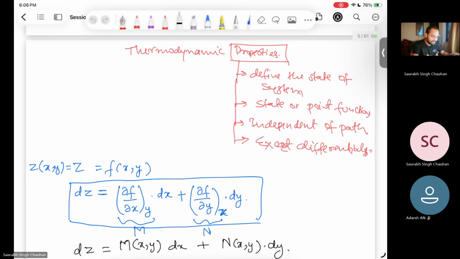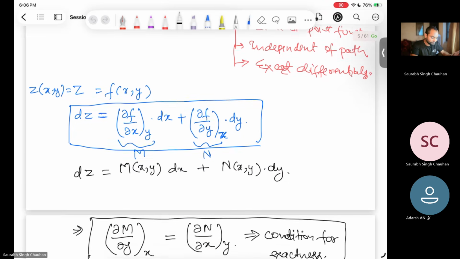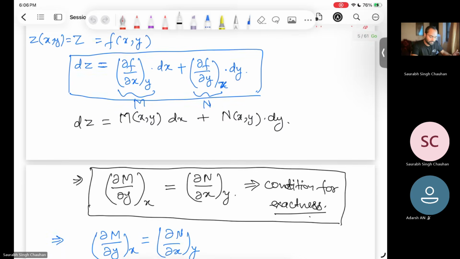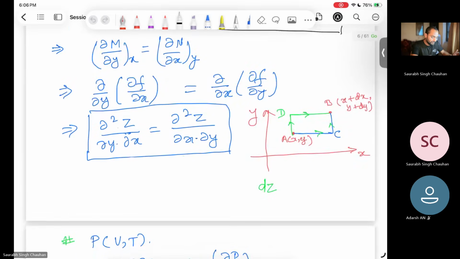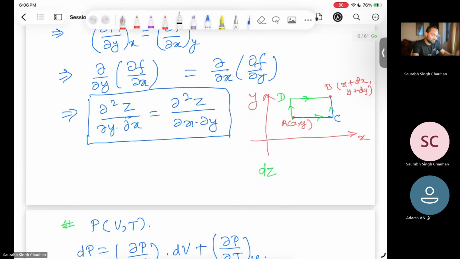In the previous session, we discussed what is meant when we say some quantity is a property. We discussed that properties are point functions. They have exact differentials. They are independent of path. We discussed the meaning of exact differential, and if something has an exact differential, what condition it should satisfy.